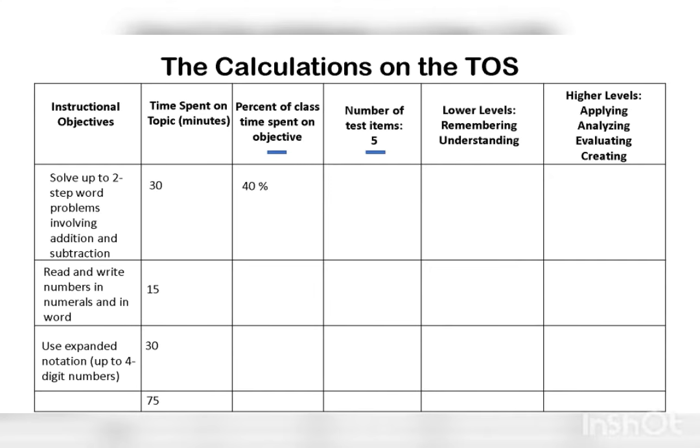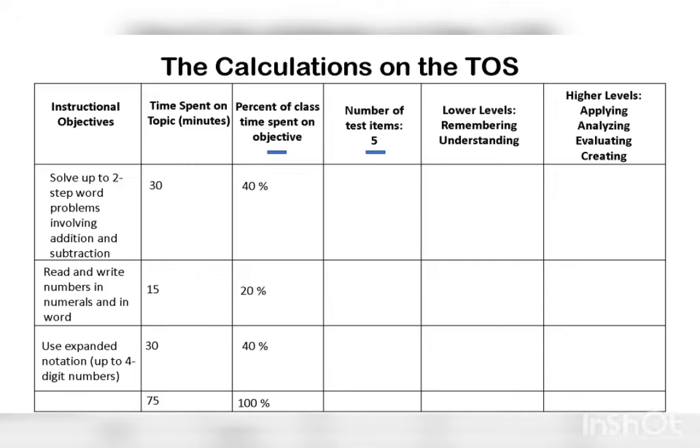All right, so in our calculation, we would come up with 20% of class time spent on the second objective and 40% of class time spent on the third objective. In this here, we must ensure that the percentages when summed give us 100%.